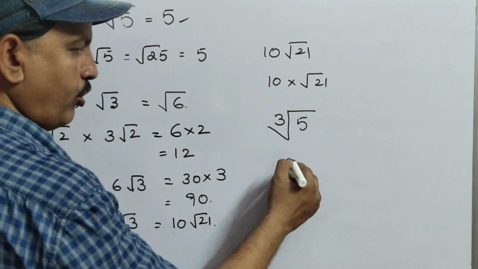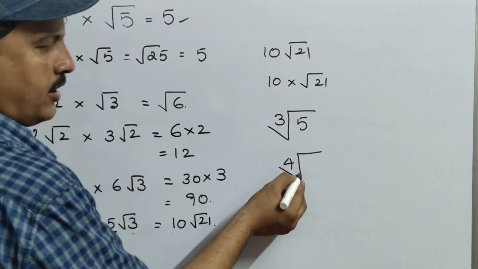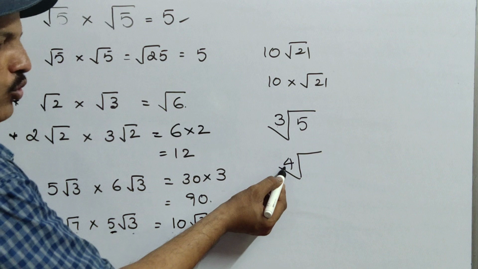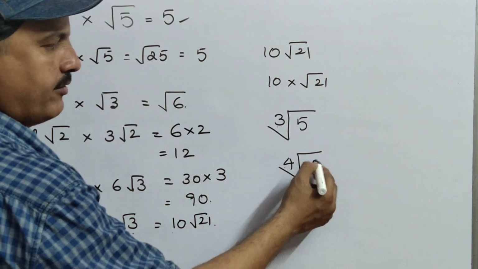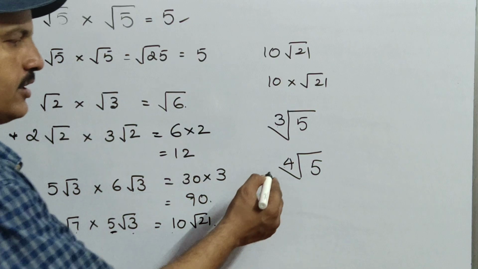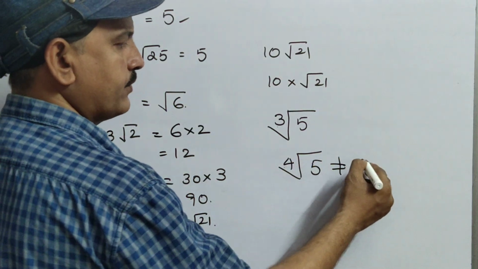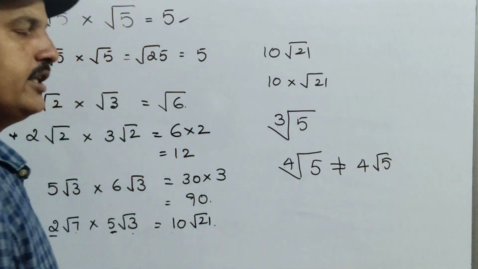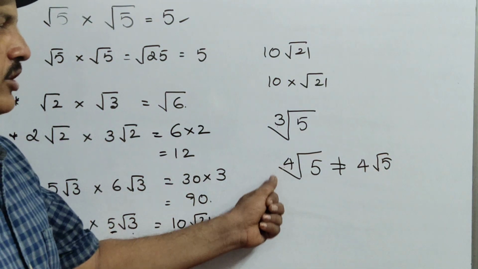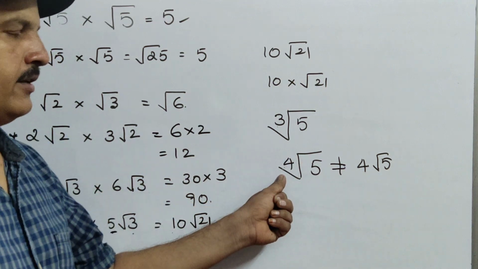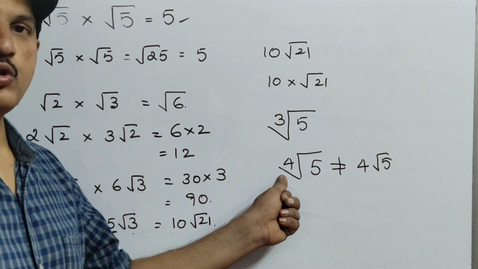Suppose I write 4 in the root like this, it means the 4th root of 5. How to read? 4th root of 5. So this is not equal to 4 into 5. Both are not equal. If 4 is outside, it means 4 into root 5. If it is inside, it is the 4th root.